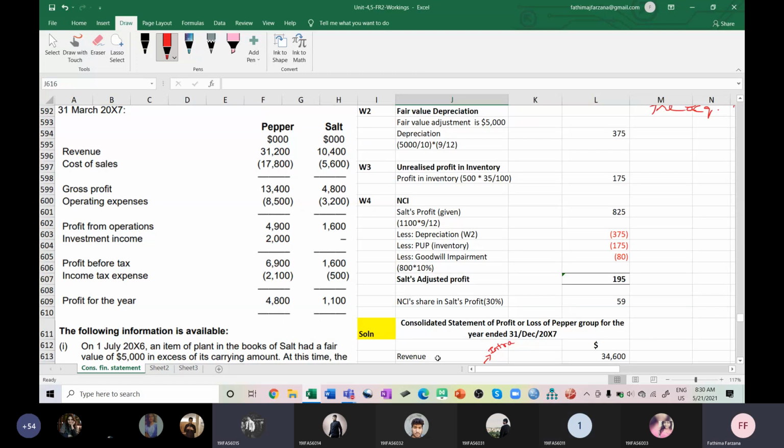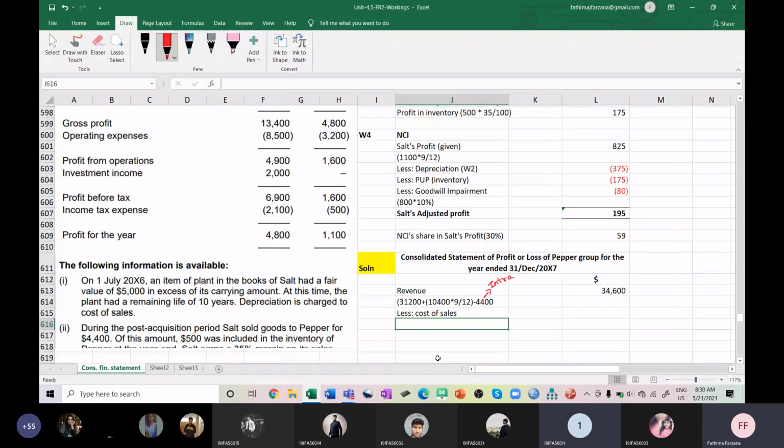Parent I'll take 17,800. And for Salt, 5,600 into 9 by 12. So 5,600 into 9 by 12. Okay, what else?